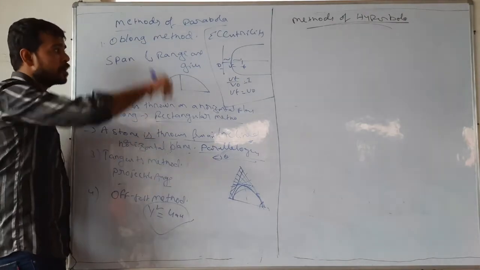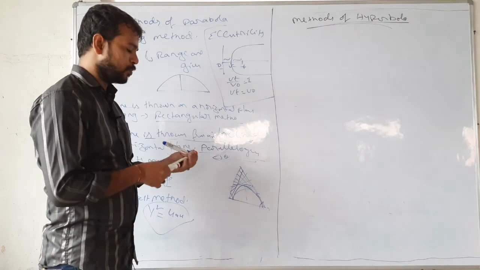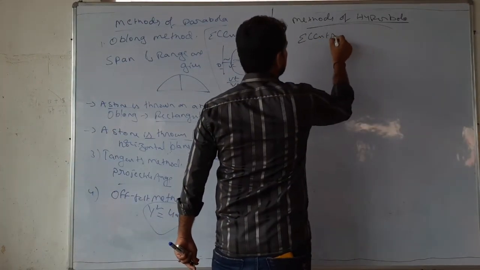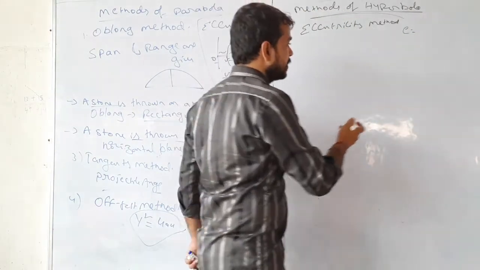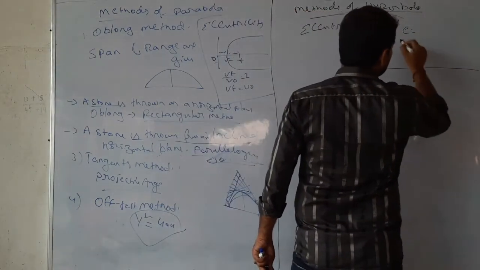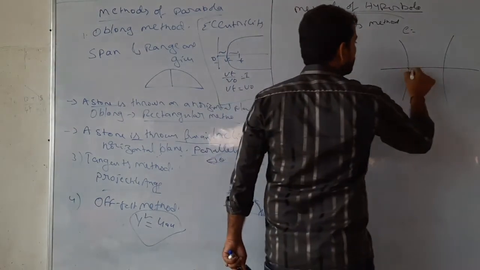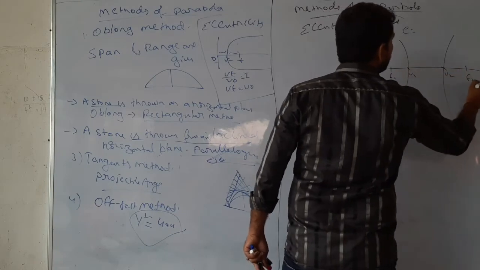Next, hyperbola. How to draw this hyperbola? What are the important methods? In hyperbola also, the eccentricity method is the main one. With the value of e, you have to draw two hyperbolas. Here it will be V1, here V2, and this will be F1 and this F2.